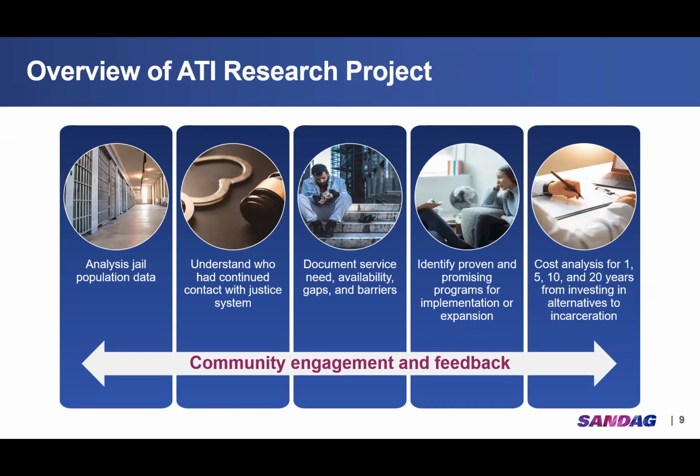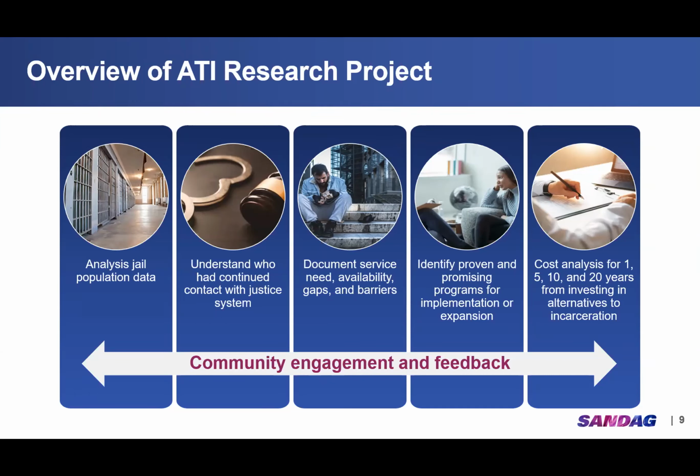We're trying to understand the level of service needs for this population, working with Health and Human Services and the probation department to categorize the types of services that are there, and then understand through these discussions, as well as that analysis, gaps where there may be a need for more services, or barriers to service, engaging the populations, and also anything else that could negate the fidelity or the usefulness of these programs.